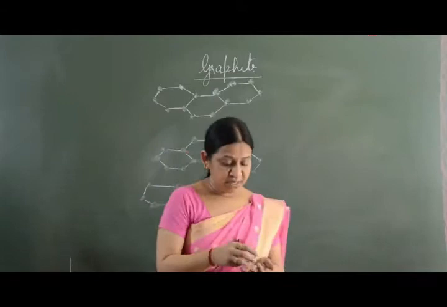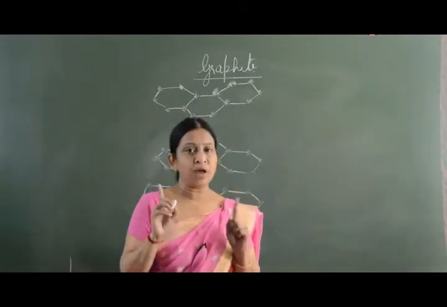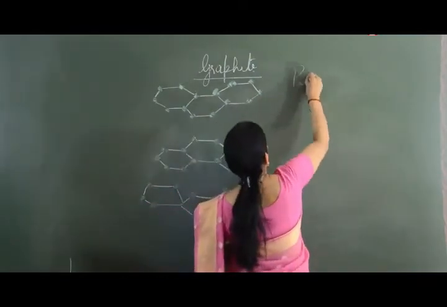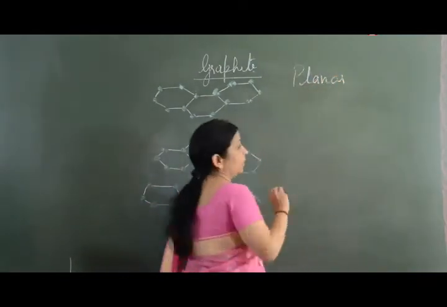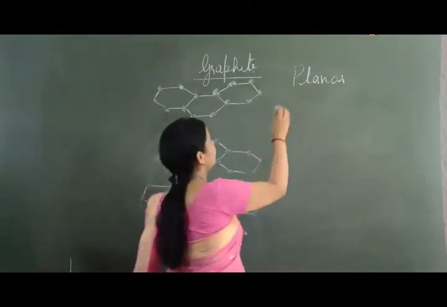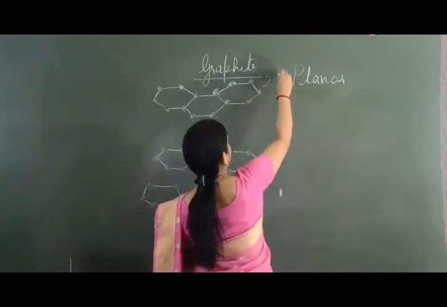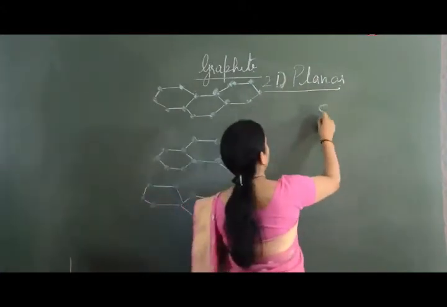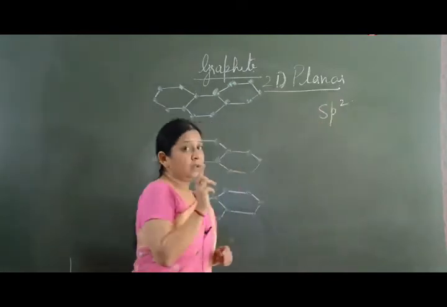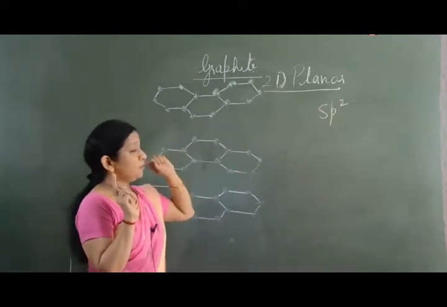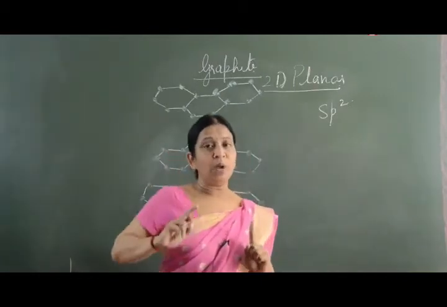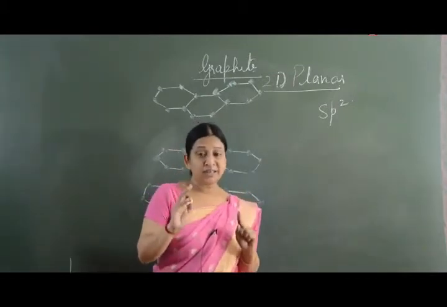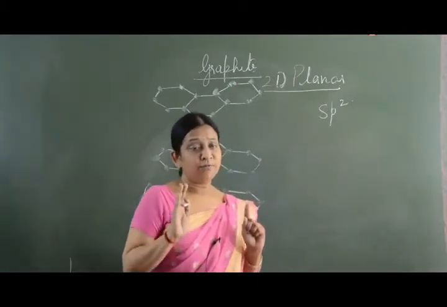Graphite basically has a two-dimensional structure, or a 2D structure. It is having a planar structure. So graphite has got a 2D planar structure. The carbon which is present is sp2 hybridized, and because it is sp2 hybridized, one valency of carbon is free, and because of this, graphite acts as a good conductor of electricity.